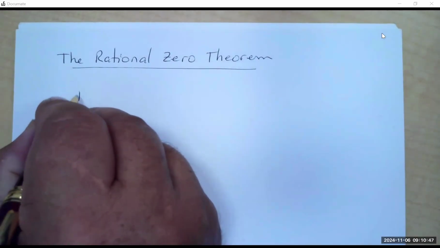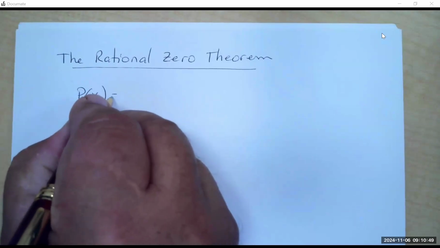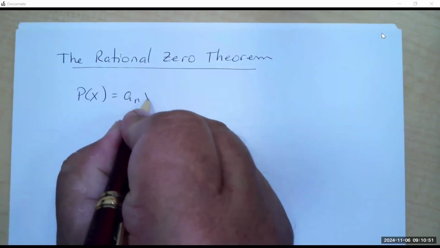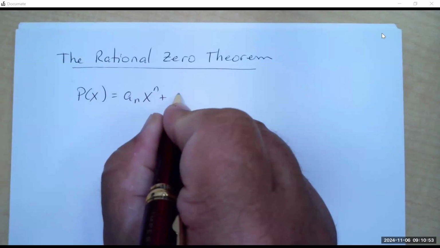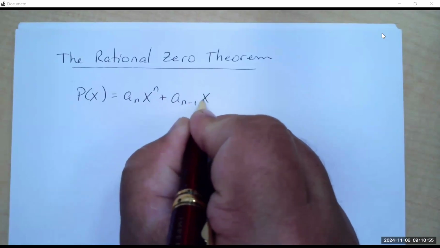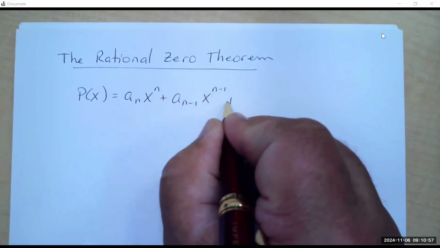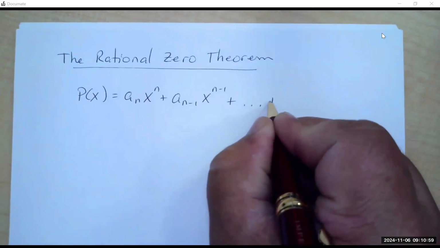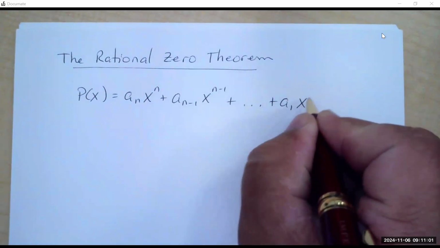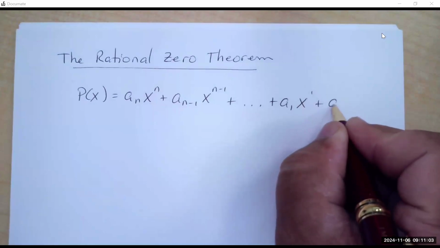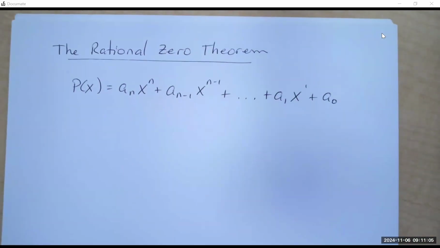So let P of x equal the polynomial a sub n x to the power n plus a sub n minus 1 x to the power n minus 1 plus dot dot dot a1 x plus a0. That's how we always write polynomials.